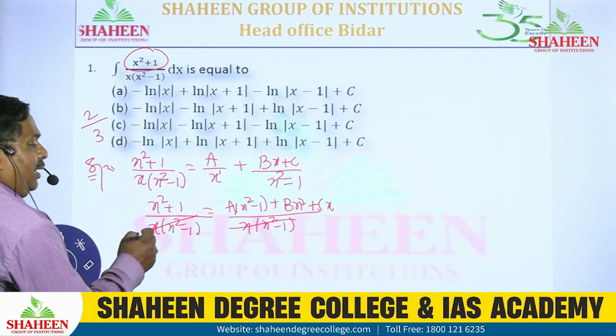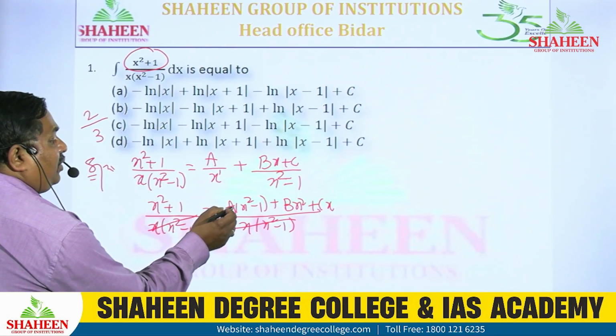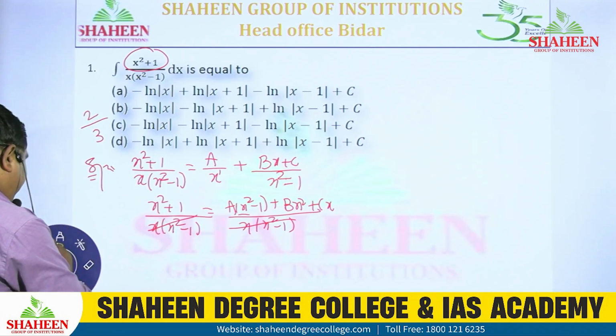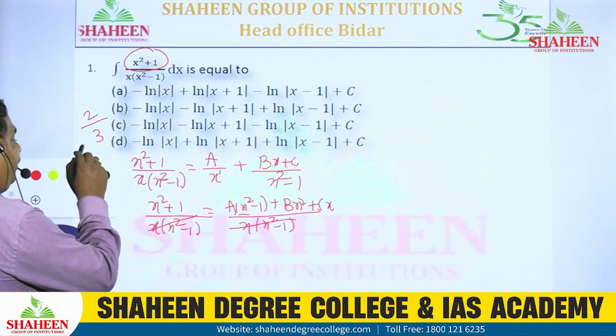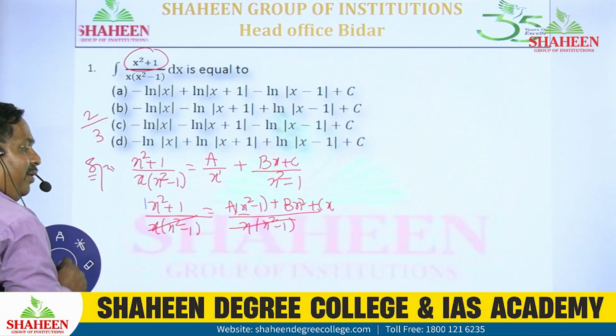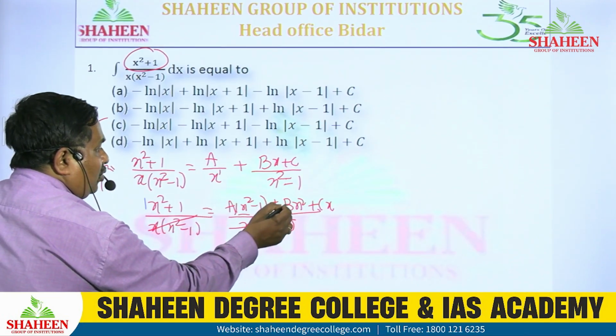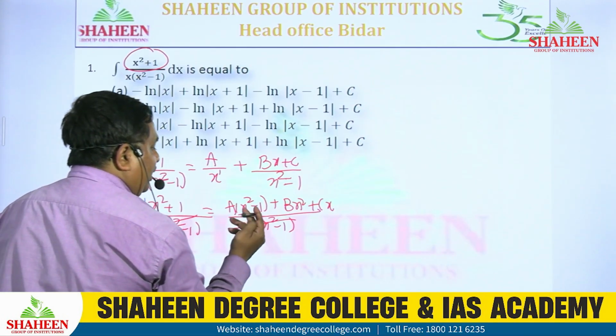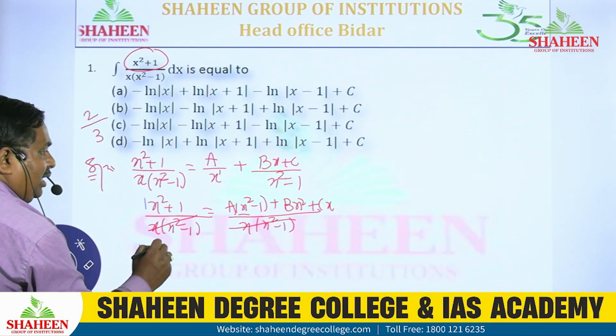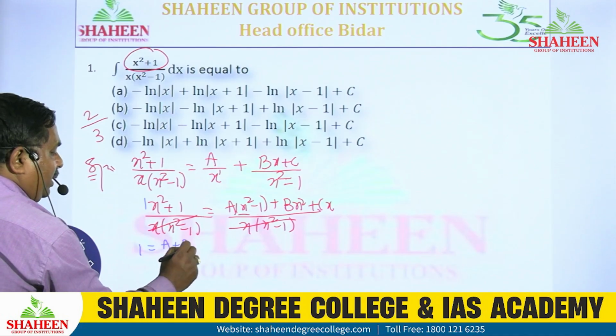If we compare the coefficient of x square, the LHS coefficient is 1, on the right a is the coefficient and b is the coefficient, so we get 1 equals a plus b.